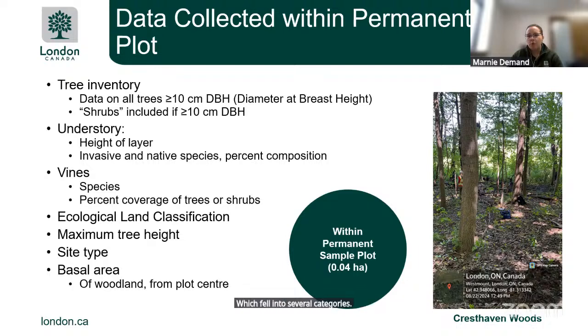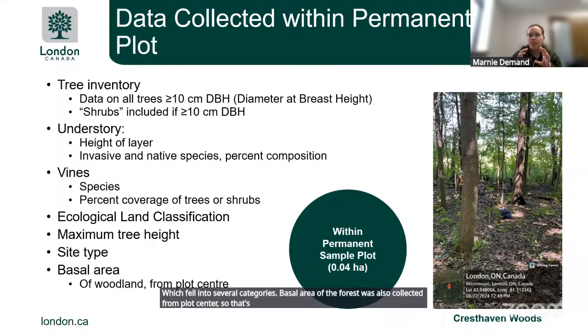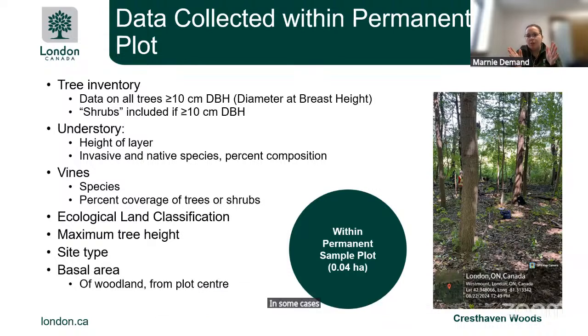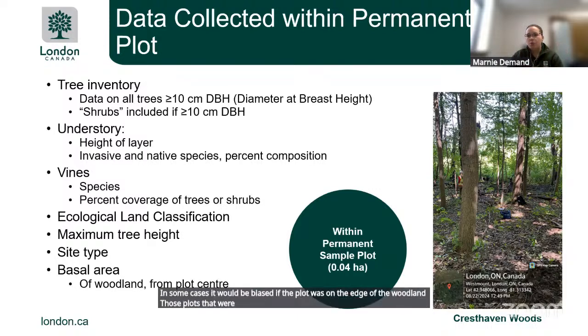Basal area of the forest was also collected from plot center, so that's not necessarily restricted to the permanent sample plot because it is a variable area plot, but it was based on plot center. In some cases, it would be biased if the plot was on the edge of the woodland. Those plots on the edge of the woodlands were not excluded.